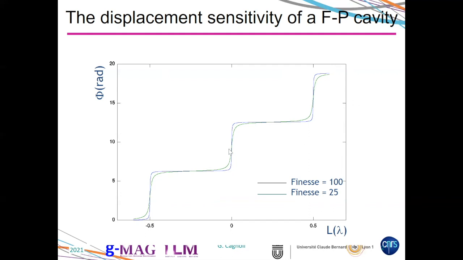Also, there are regions where the sensitivity increases a lot, like, for example, here at 0, at half wavelength, plus and minus. These are the conditions where the Fabry-Perot cavity is in resonance. This is the reason why we are using the Fabry-Perot cavity.